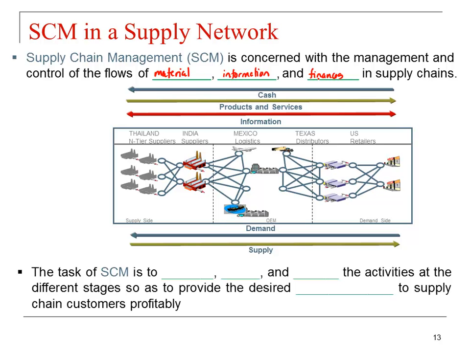So we have this international type of supply chain. We have some suppliers in Thailand that will send that to another supplier in India, and then that sends via airplanes or via ship to logistics in Mexico, and then they have some distributors that are going to send that to Texas, and then from there you take it to the stores.